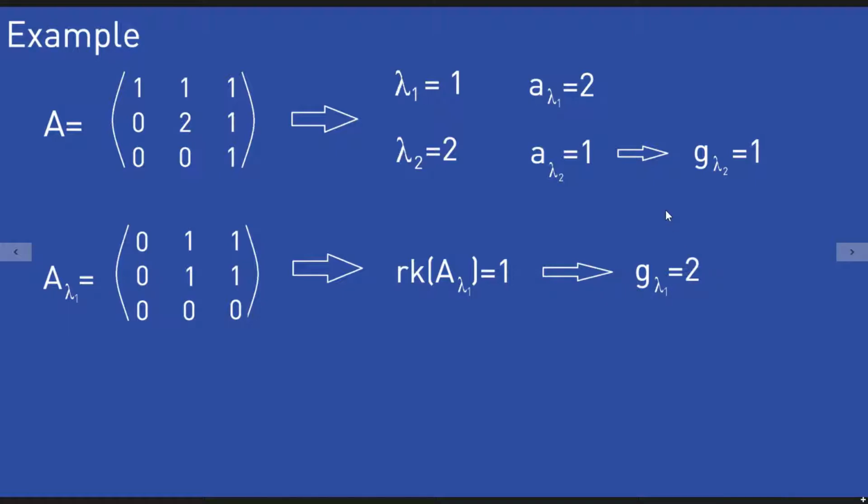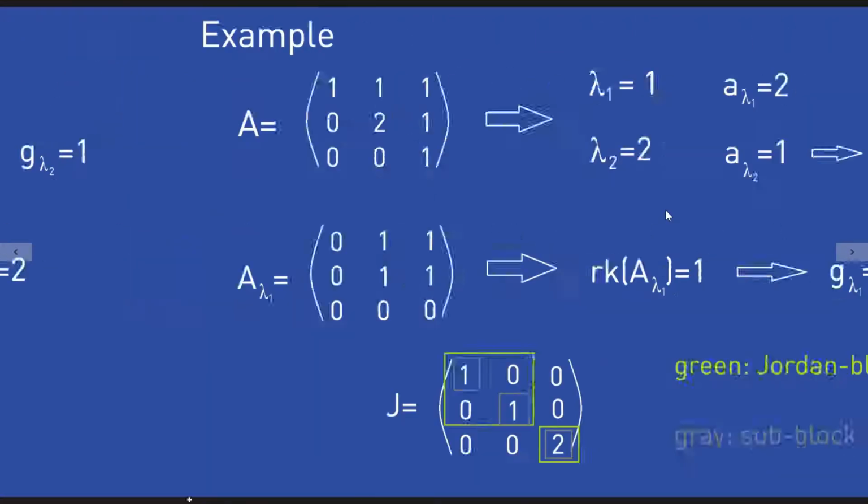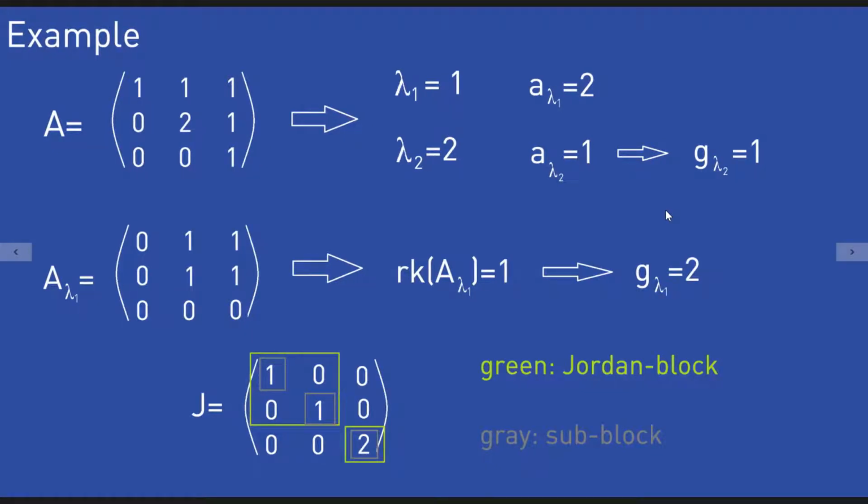Now we can immediately write down the Jordan normal form J. So we have two Jordan blocks in this Jordan normal form. The first Jordan block is of length 2 because the algebraic multiplicity of lambda 1 is 2.